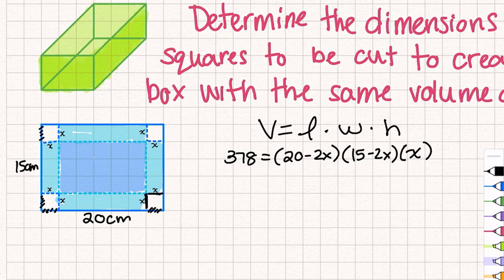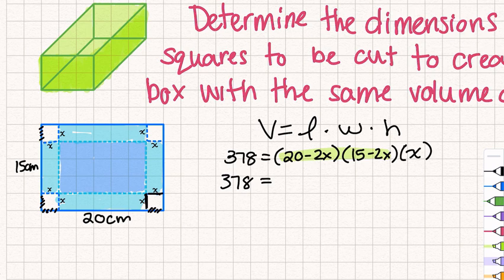So in order for us to find the dimensions, we need to know what x is. So we're going to actually solve this equation. We're going to expand and simplify it. So we'll have 378 equals, and then we can use FOIL here.